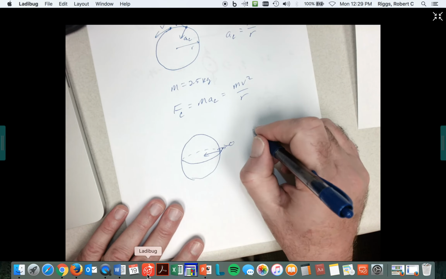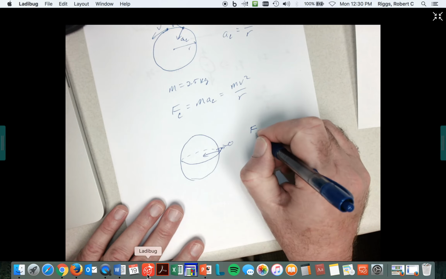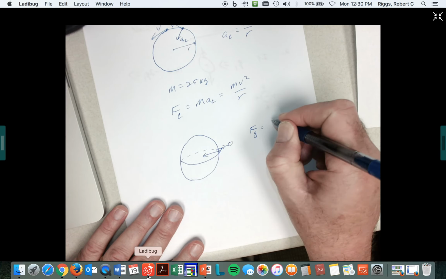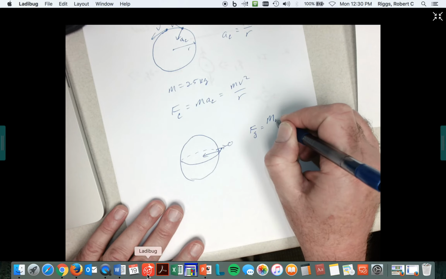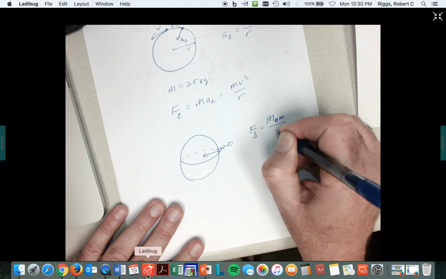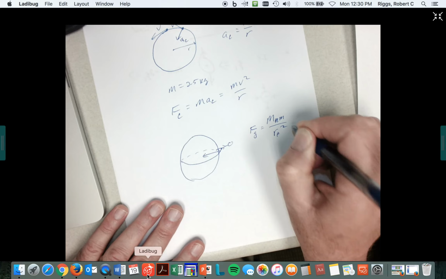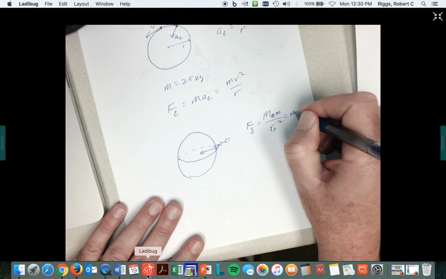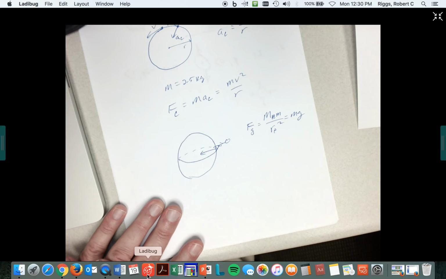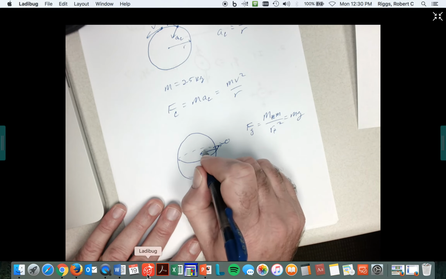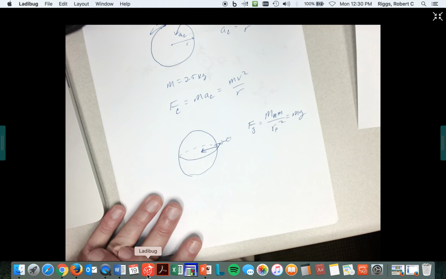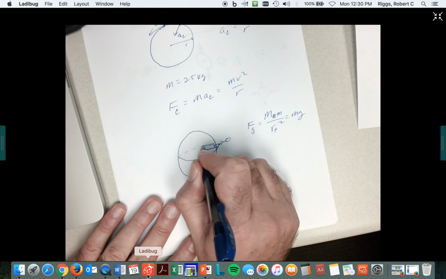you have a force due to gravity. The gravitational force is equal to G times the mass of the Earth times m divided by r e squared, which we know is mg. Okay? So you've got that force going inward. You also have a centripetal force going inward.